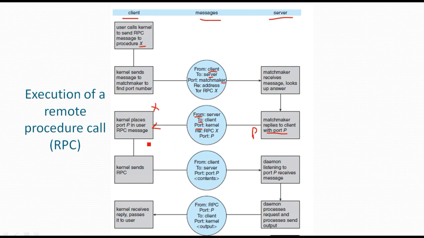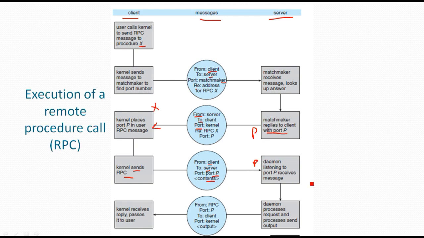Thereafter the kernel sends the RPC. Now it is sent from the client to the server, and the port will be P. So port P will receive the contents at the server side.